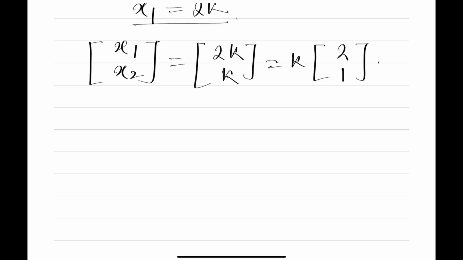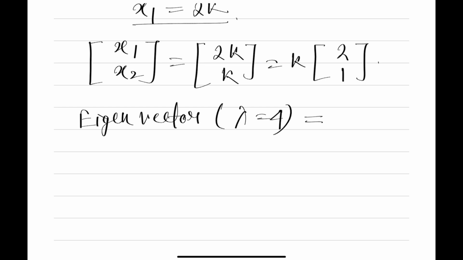Now our eigenvector corresponding to lambda is equal to 4 is [2; 1].